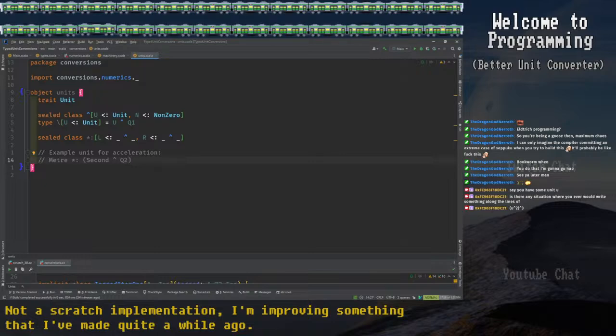Oh, I think I should also make SI units. Should I also make SI prefixes its own thing? Yeah, I should probably make SI prefixes their own thing. This is gonna be cursed.